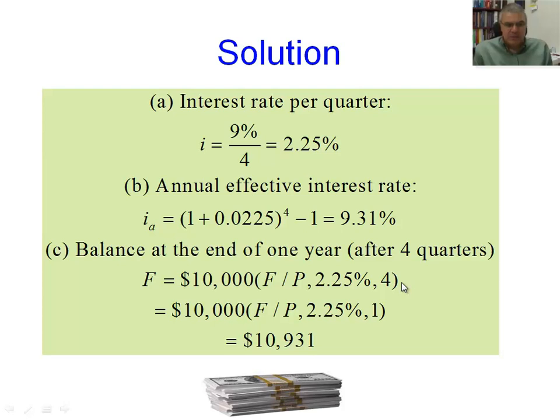Just study some of the tables in the back of the book, and you will see how convenient that is. So 10,000 multiplied by a factor that's given in the back of the book. Eventually, the calculation gives $10,931.